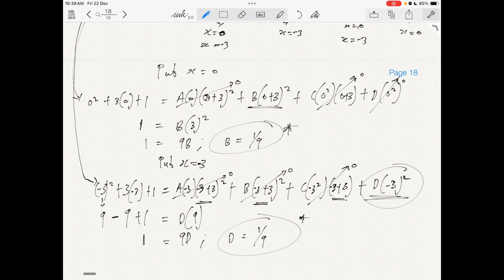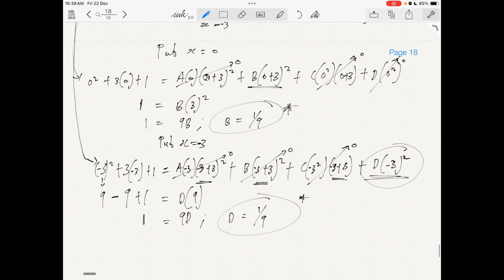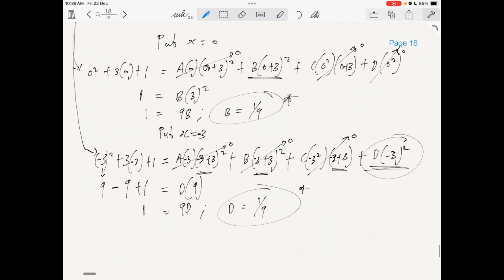This is possible. Since we have used x equals 0 and x equals minus 3, all we have to do is put in other values. To find a and c, we can take any value except x equals 0 and x equals minus 3, since we have already made use of them.